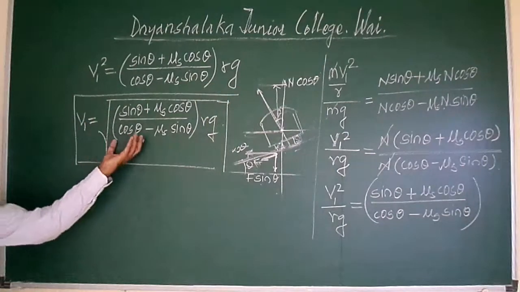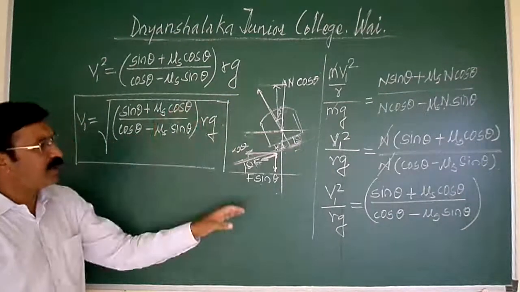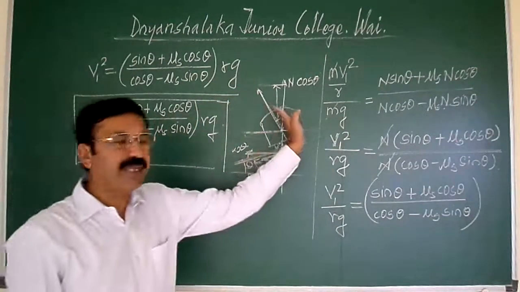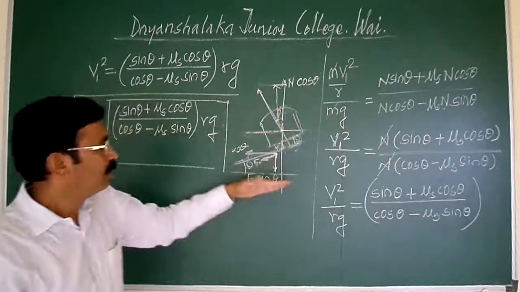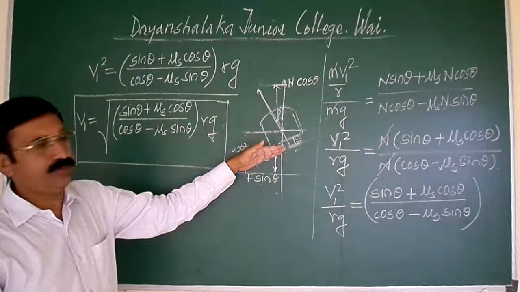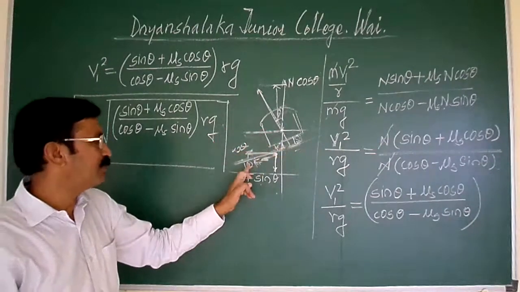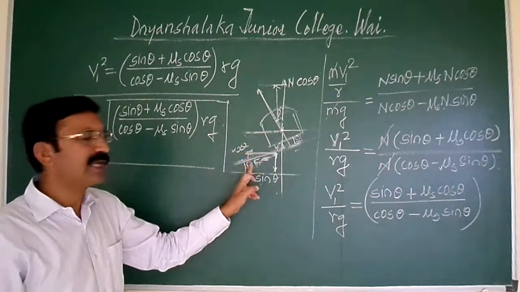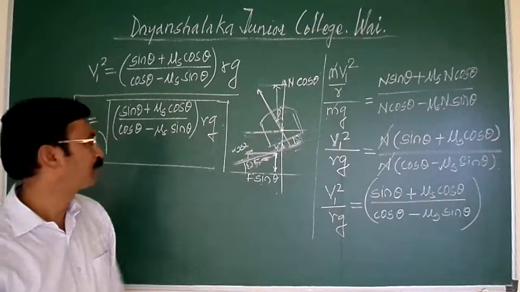So this expression gives us the maximum velocity with which the vehicle can move on a banked road, which has been banked with angle of banking theta.